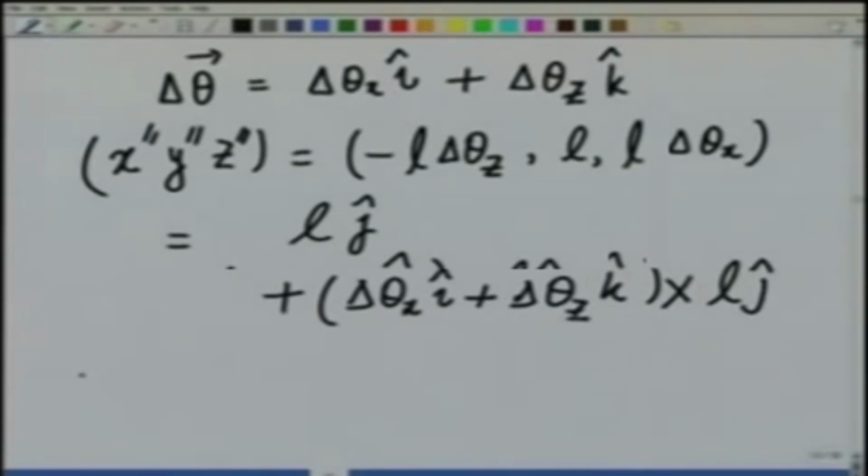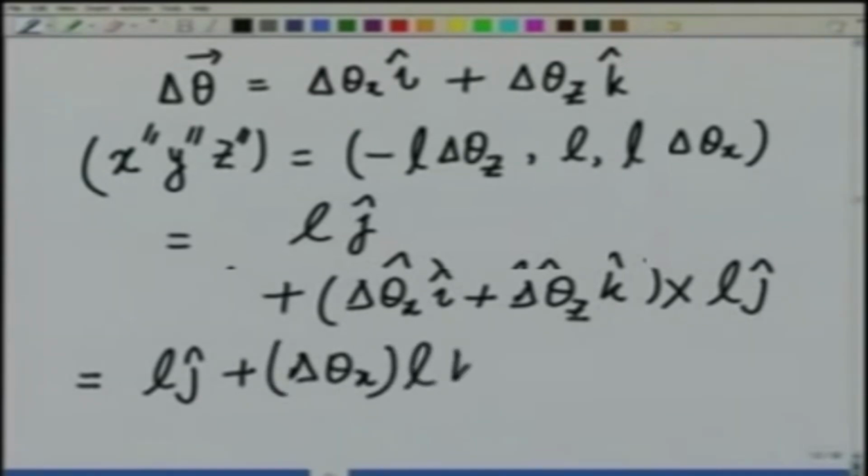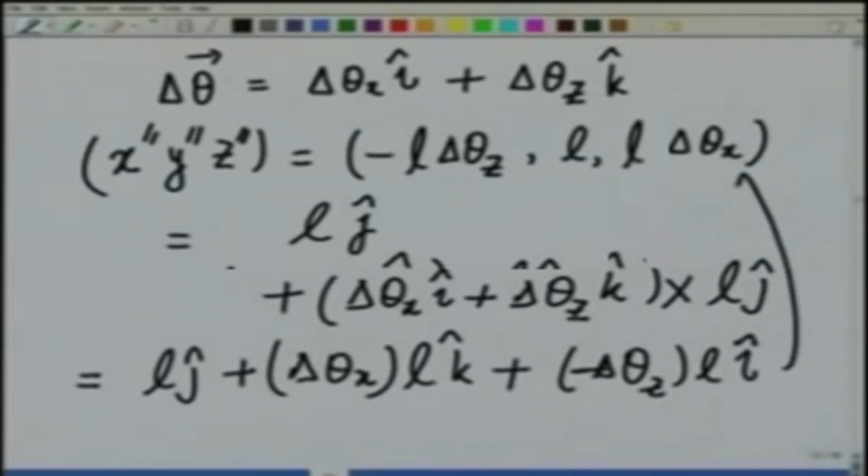This would be, by the definition, L j plus i cross j is k, delta theta x times L k, plus k cross j is minus i, so minus delta theta z L i, which is precisely the same as this.